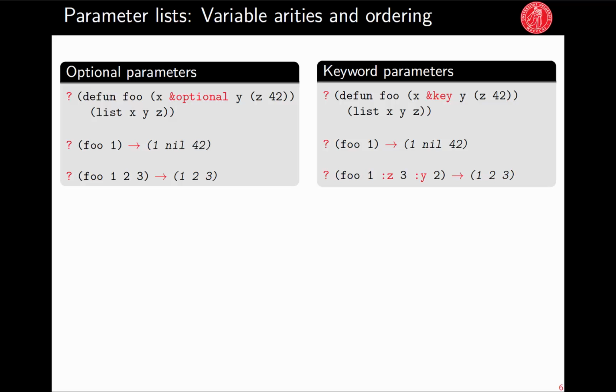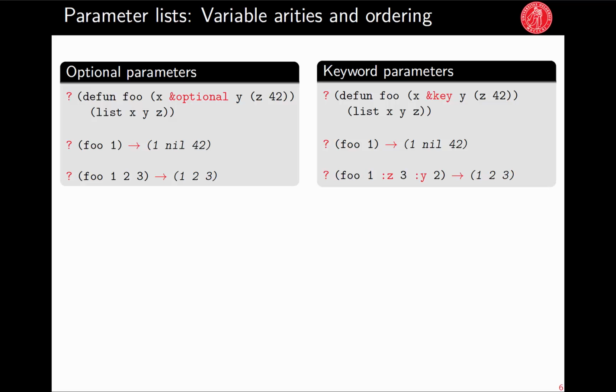So in this case, the y and z are still optional, and they have the same default values, nil or 42. But in the second calling example here, we see that when we call foo, we can refer to these parameters by the names that we have given to them in the parameter list. So here we say that z should have the value 3, and the parameter y should have the value 2.